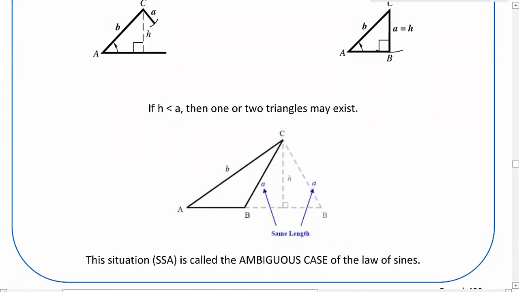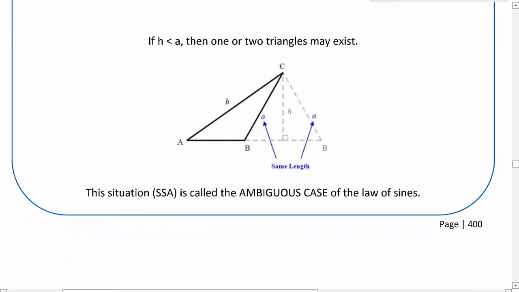Now, if the height is less than a, so our side a is longer than the height, 1 or 2 triangles may exist. The reason for the option there is that we don't know what angle C is, we don't know how that third side swings.